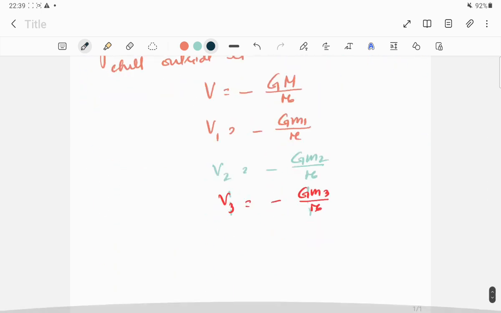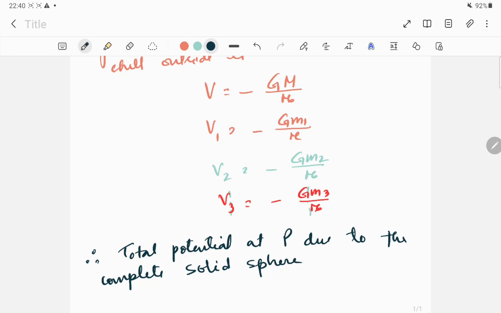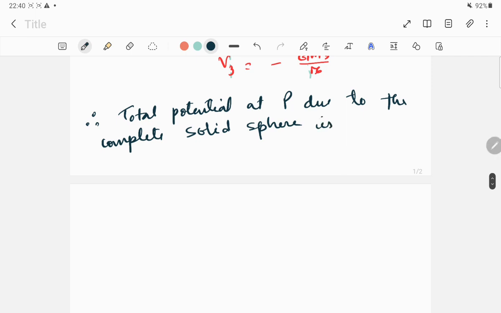So the total potential at P due to the complete solid sphere is V equal to V1 plus V2 plus V3, like that.